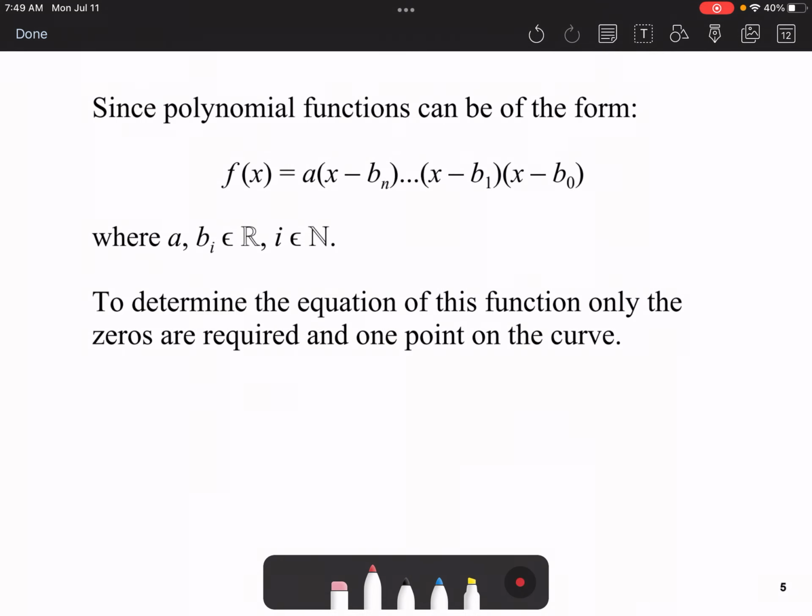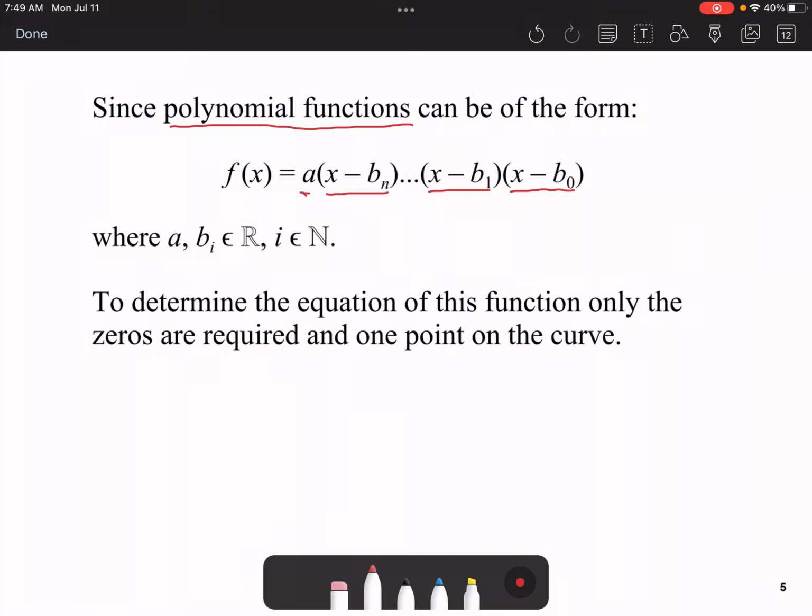So polynomial functions can be written in this form, in factored form, having a leading coefficient, and could be multiples of x minus b to the n, x minus b to the 1, x minus b to the 0, x minus b to whatever base value you have. So that a polynomial function can be written in factored form.